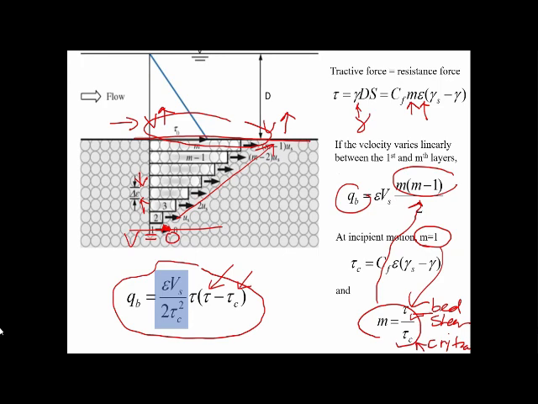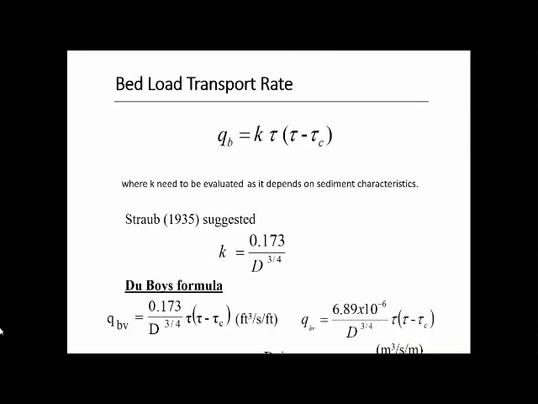So what is in this colored box here is actually the parameters that is related to the sediment properties. Okay, so we can say that our QB is equals to the K, which is the sediment parameters here, times the tau minus the tau C. Okay, which is given in this equation.